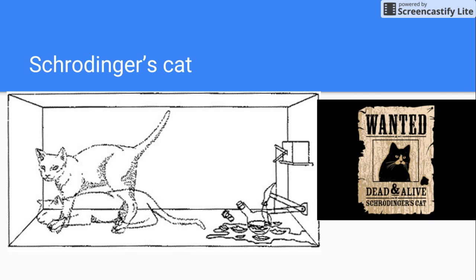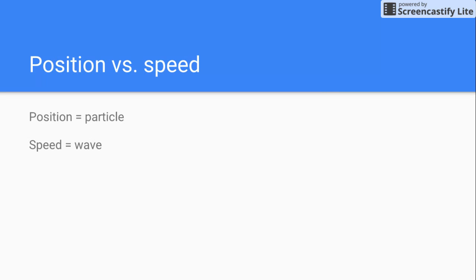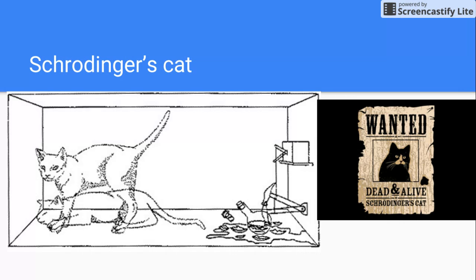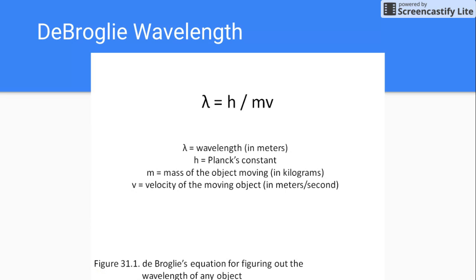Only one of them is true, and until you look at it, that's when you know. Just like the electron, when I look at its position, I can think of it like a particle. But when I look at its speed, it behaves like a wave. So here's a kind of funny one. Dead and alive, Schrödinger's cat. Not or, and.